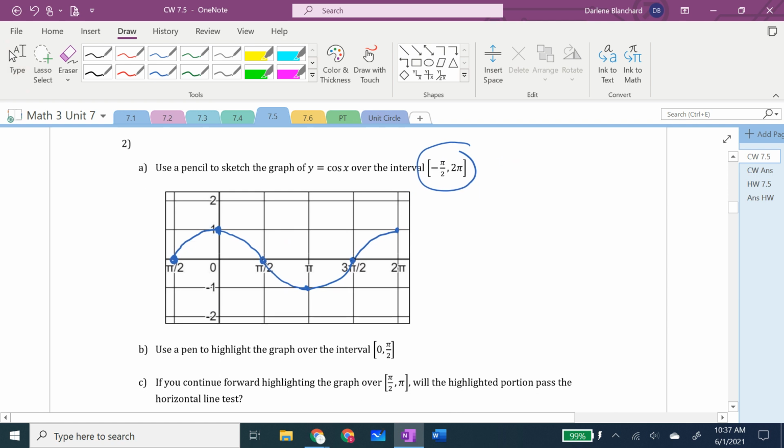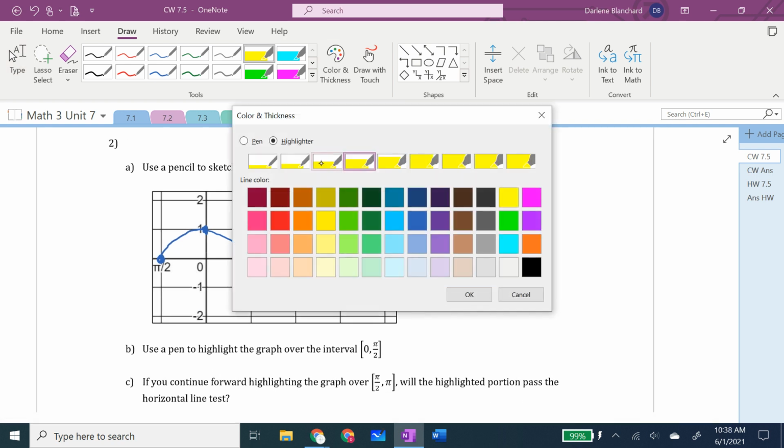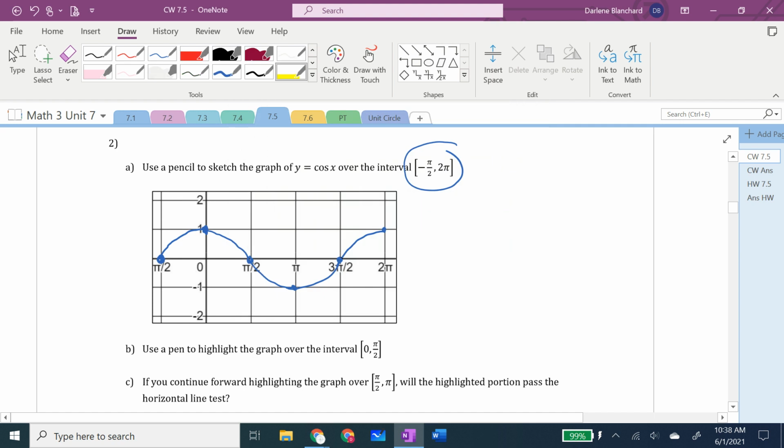For each of these graphs, you are going to highlight just the 0 to pi over 2. We will always take the 0 to pi over 2 because that's coming out of our quadrant 1, which is coming directly from our right triangles.